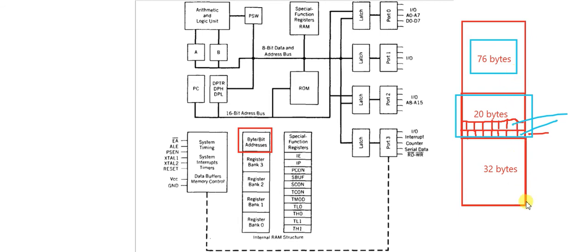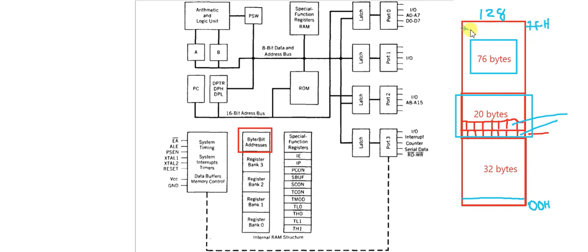If we start writing the address of this 128 bytes of RAM, then we have to write the address with the help of 8 bits. This is 00H to 7FH. So it is the last address of RAM. This is 128 bytes. If we want to access a byte address, then we can start from 00H to 7FH.